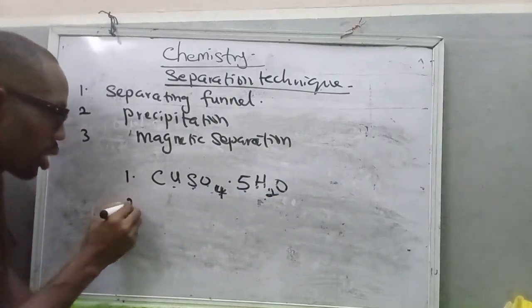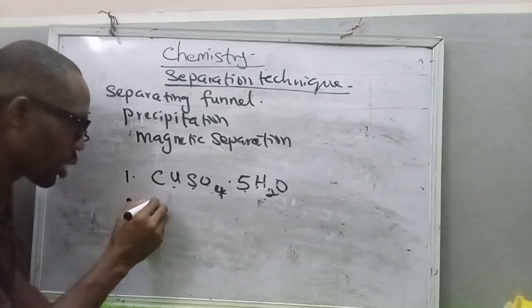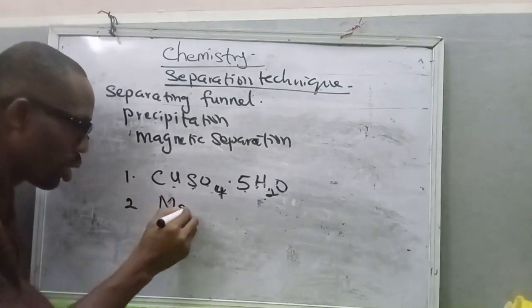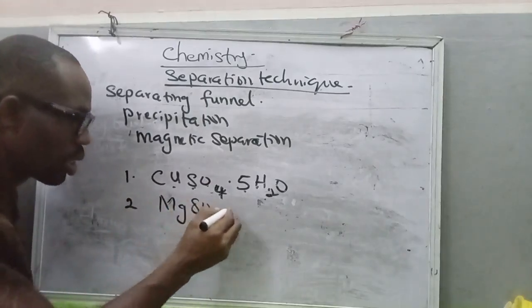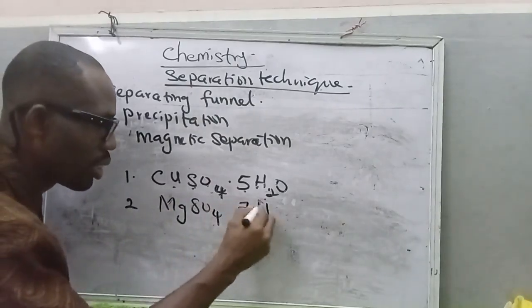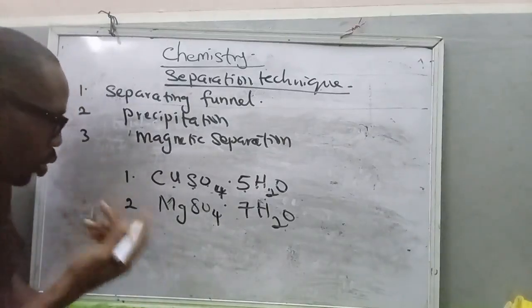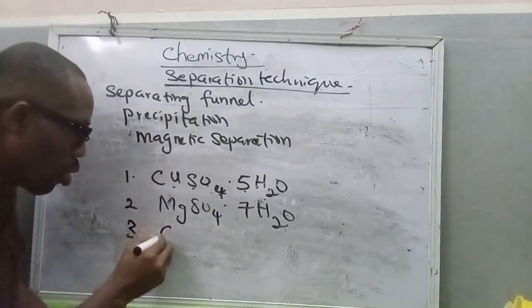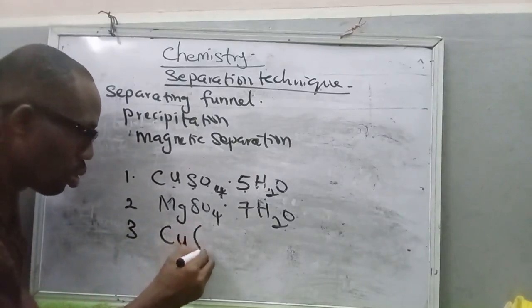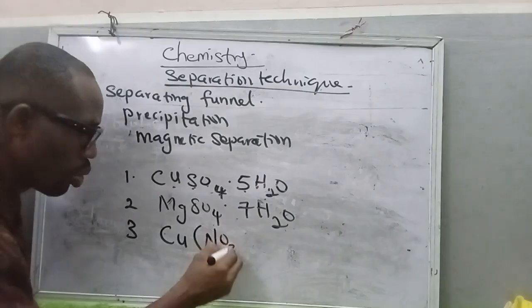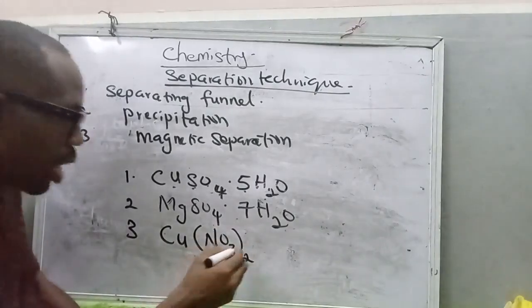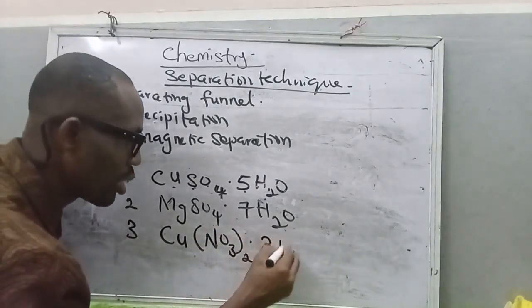We have another one, such as magnesium tetraoxosulfate 6 heptahydrate. Can you see that now? We also have number 3, copper 2 trioxonitrate 5 trihydrate.